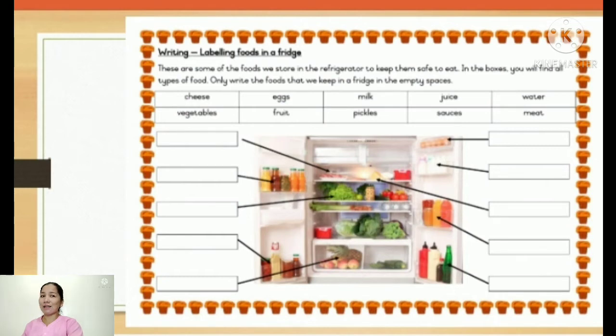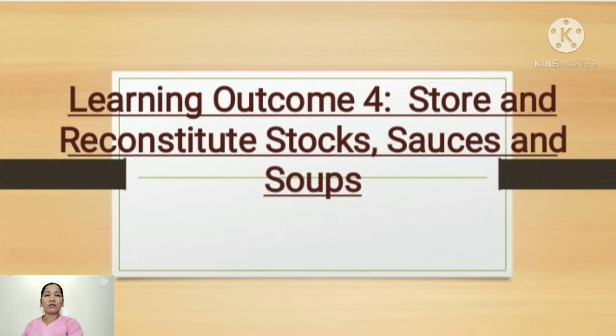So, the content of this video lesson is in connection with the refrigerator or storing and reconstituting stock, sauces, and soup. So, we are going to discuss now learning outcome number 4, storing and reconstituting stocks, sauces, and soup.